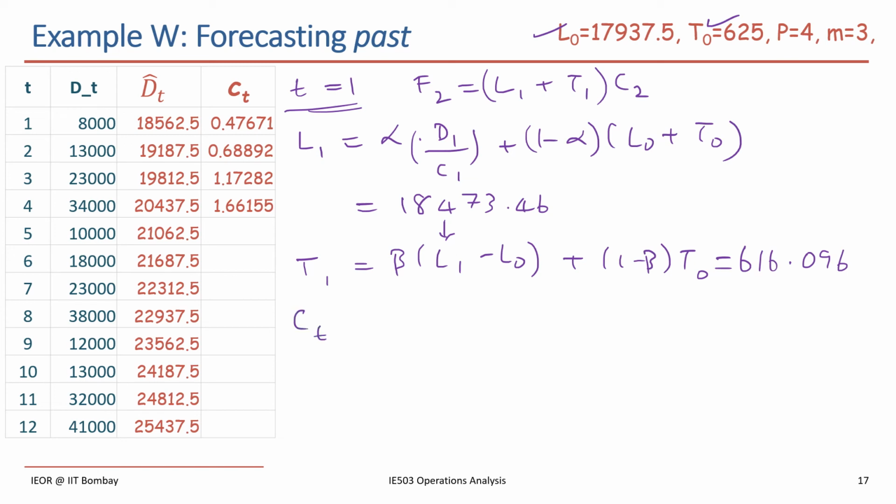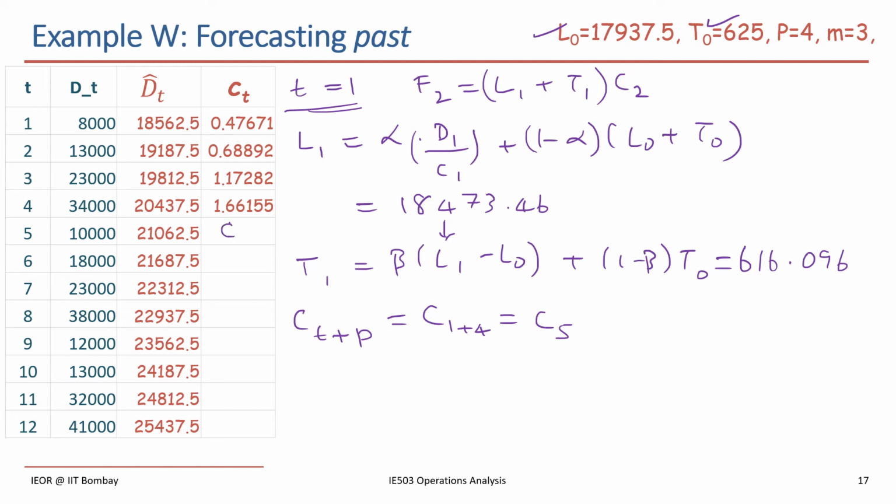In this case, we need to forecast CT plus P, which comes to 1 plus 4, which is C5. So in period 1, we will be computing the value of C5. That is the corresponding location in the second cycle. What is the forecasted value of that?